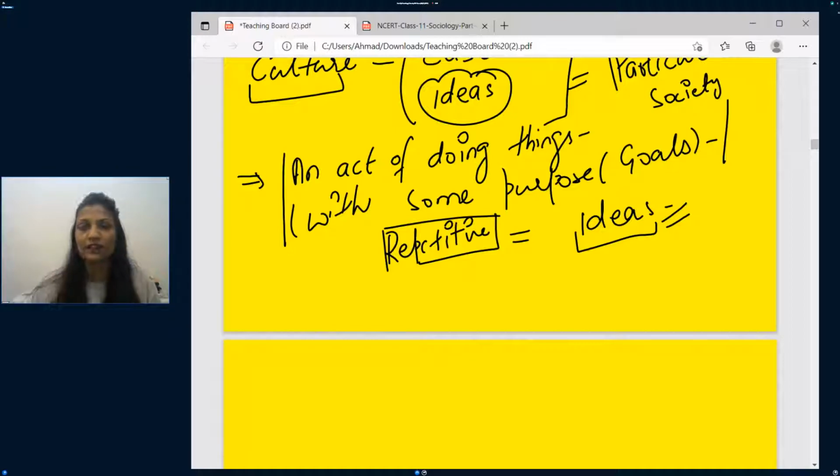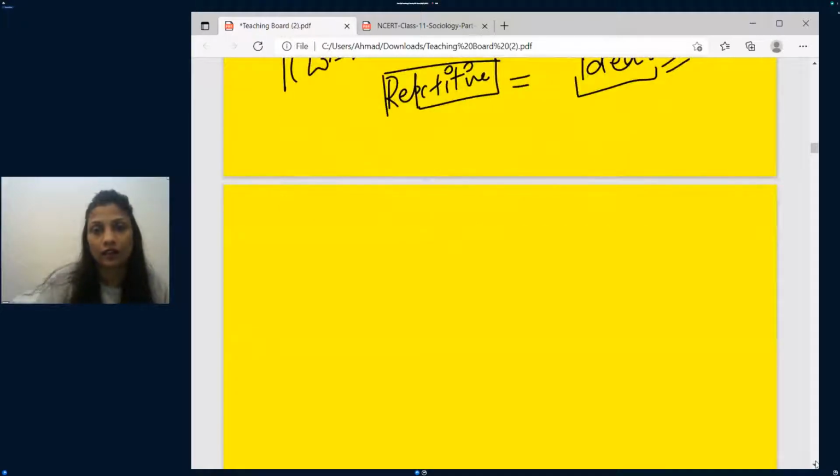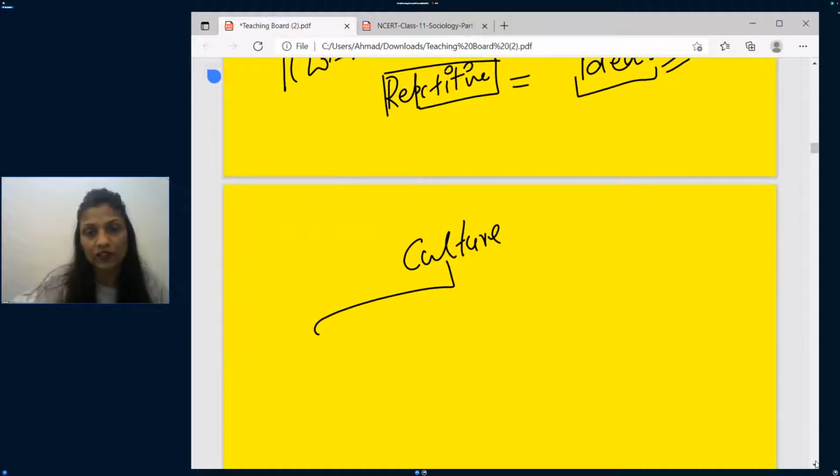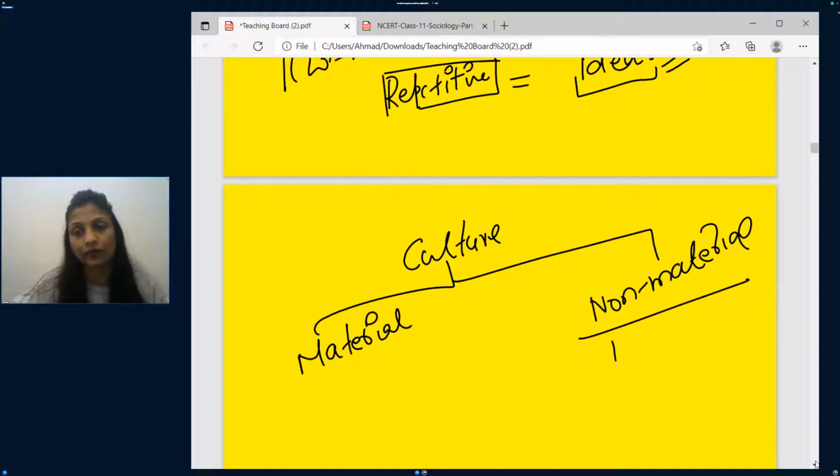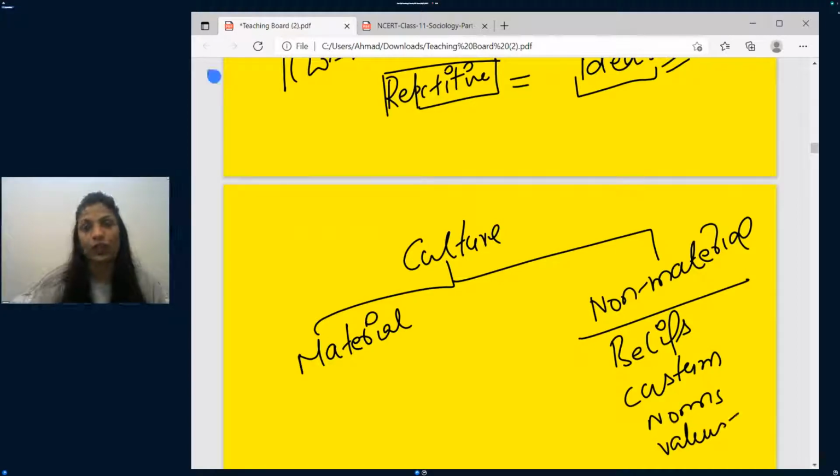Then culture is further divided into two parts. That is material, which we can see, and non-material, which we cannot see, but it is there. It's like beliefs, customs, norms, values, rituals.